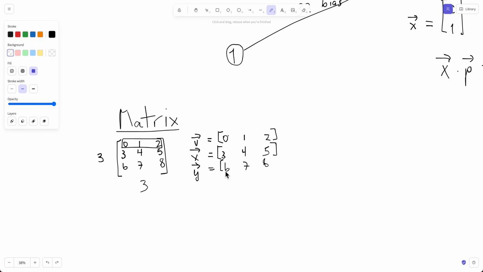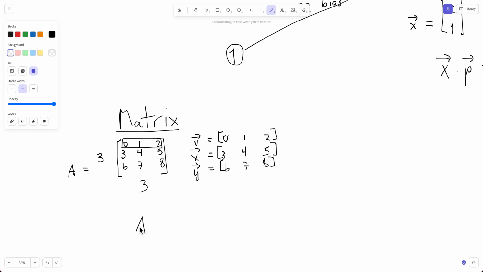So this matrix, matrices typically you denote with a capital letter, and I'm going to put a capital A. And you're going to see that I'm not putting a vector symbol like the arrow on top. Typically matrices don't have that. But you can still think of A as a special type of vector.